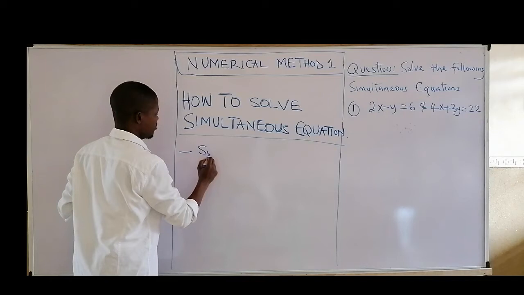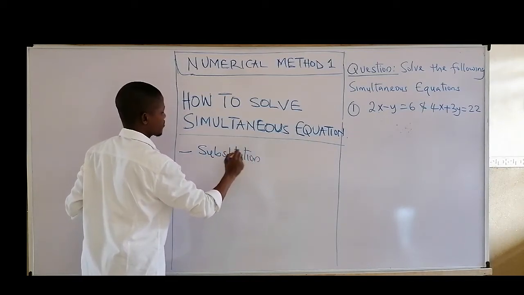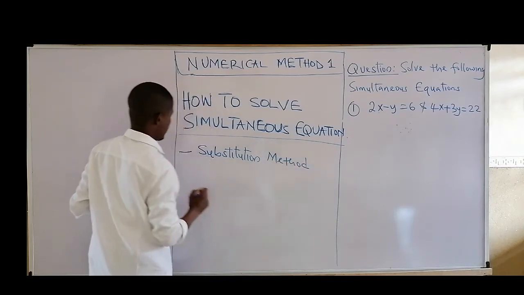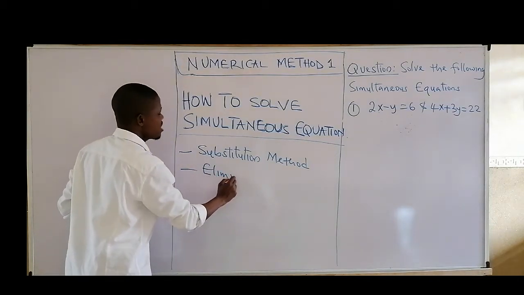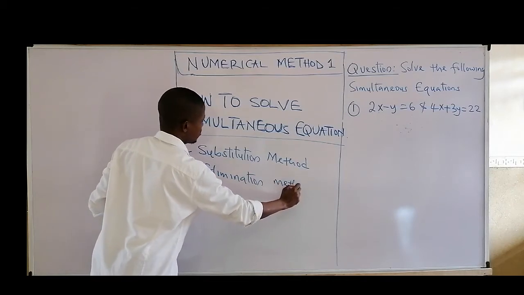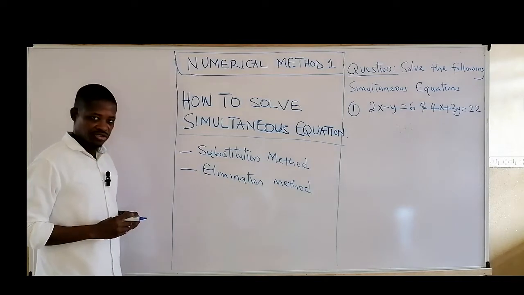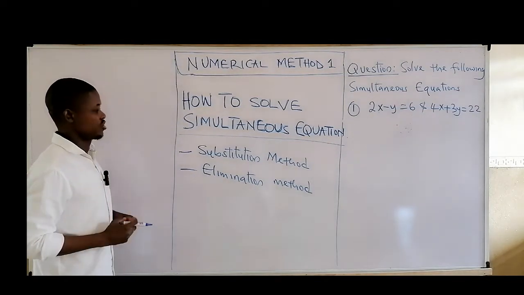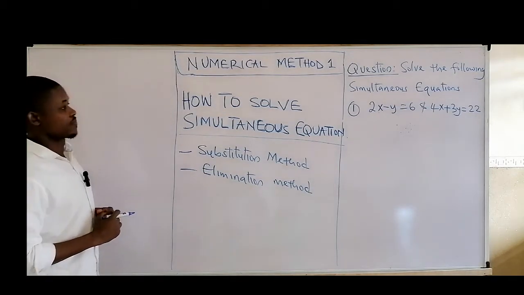We can use the substitution method, and we can also use the elimination method. So these are the two methods to solve simultaneous equations. I'm going to explain the two methods one after the other.